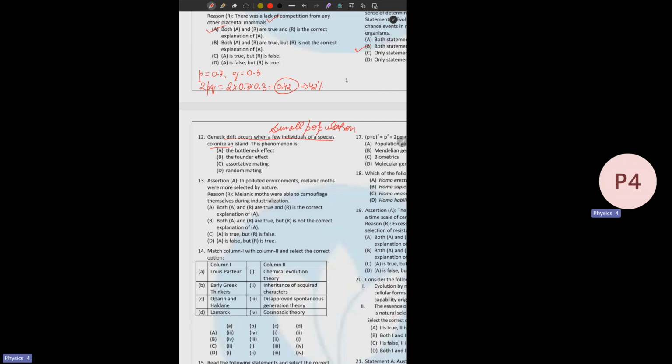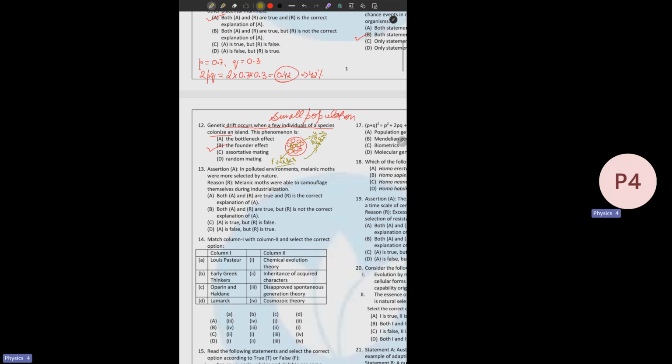And hence this phenomenon is called the founder effect, because there will be a population in which certain organisms get derived from the main population, out of which that smaller population will grow more and more. So this is the founder, and hence they will make their own population. This is the founder effect.